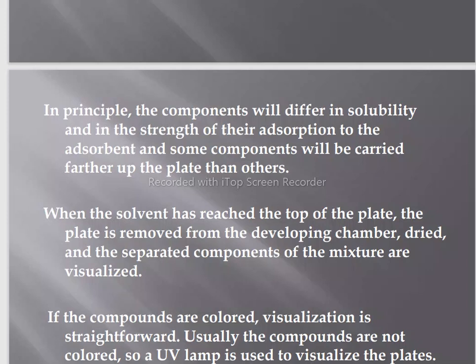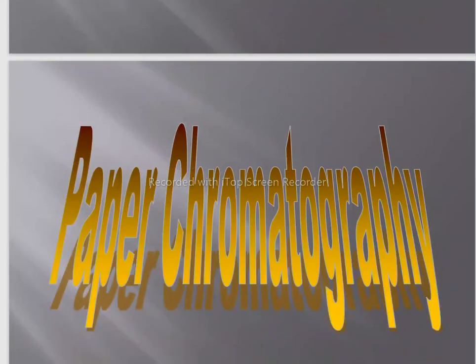When the solvent has reached the top, the plate is removed from the developing chamber and dried, and the separated components of the mixture are visualized. If the components are colored, visualization is straightforward. Usually the compounds are not colored, so a UV lamp is used to visualize the plate.